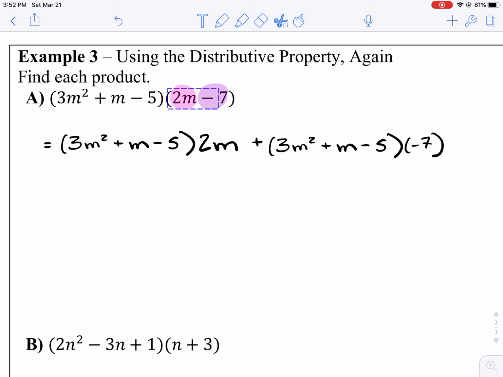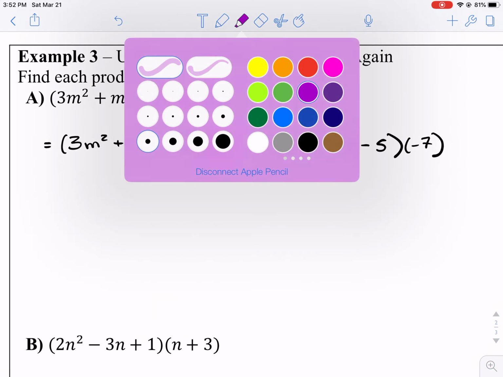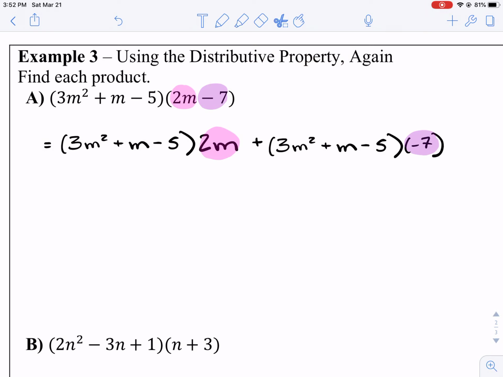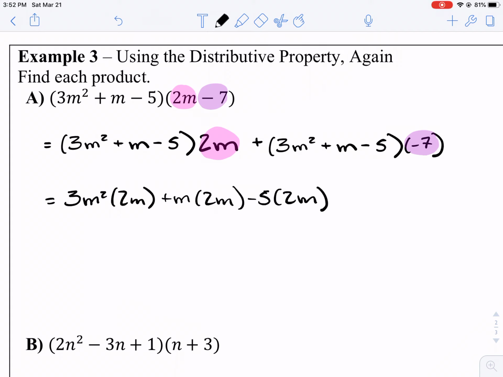So again, we're taking each term of our binomial and we will distribute it into our trinomial. So let's go ahead and do this. So 2m times 3m squared, so we have 3m squared times 2m plus m times 2m minus 5 times 2m. I'm quickly realizing I'm going to run out of room. So bear with me as I do this part kind of underneath it.